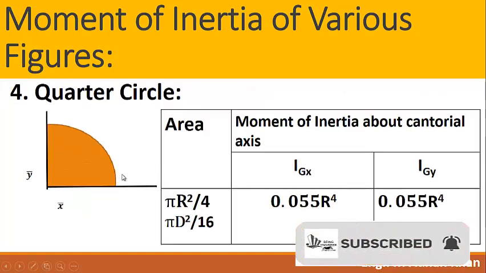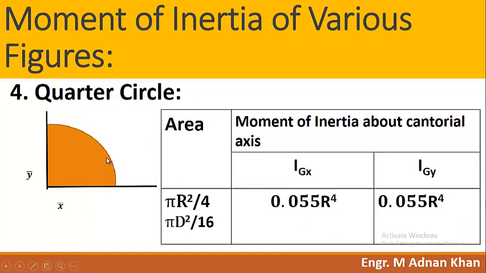The fourth and last one is the quarter circle, that is 1/4 of a circle, and its centroidal axis has been shown as in the previous slide. If we divide the circle into 4 parts, the area of the circle is pi r square, and dividing it by 4 gives the quarter circle, that is pi r square divided by 4, and in terms of d it becomes pi d square divided by 16.